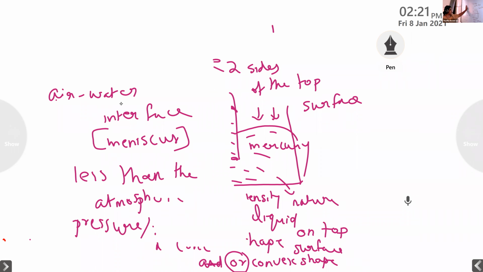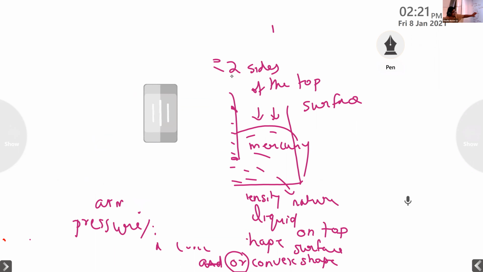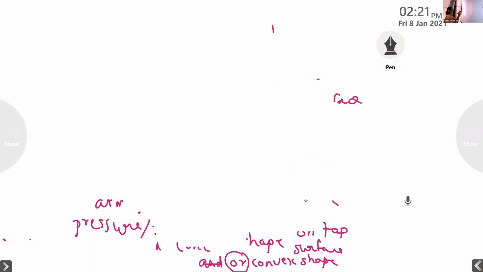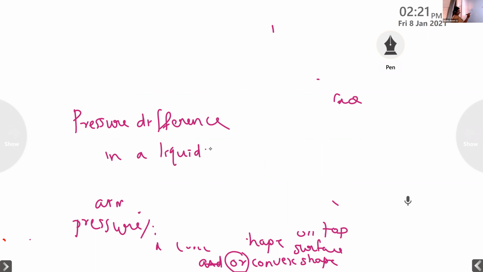Now there is no definition or derivation for it. You can just learn the equation. Thus, pressure difference in a liquid is equal to 2S divided by a sec theta.